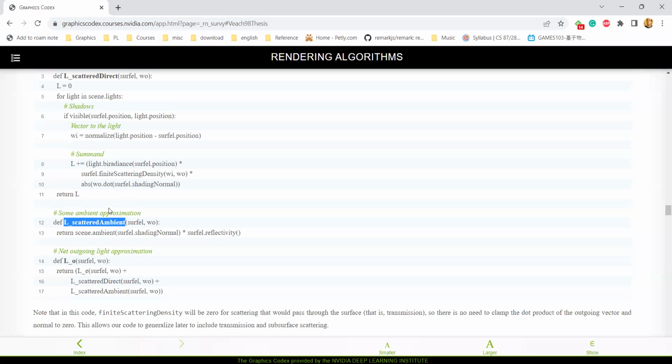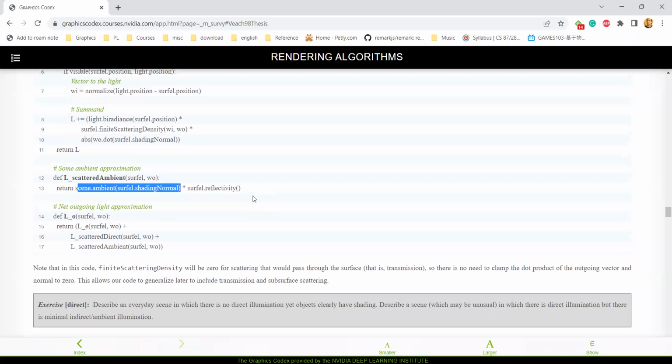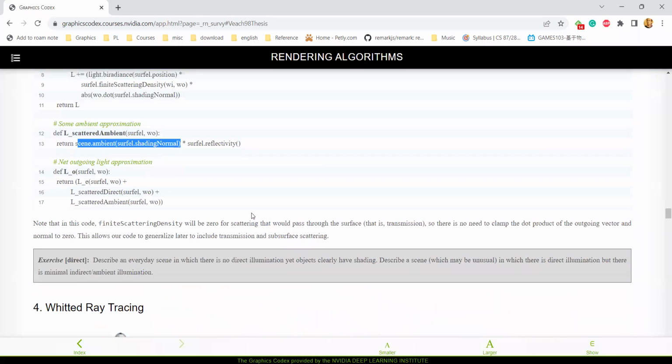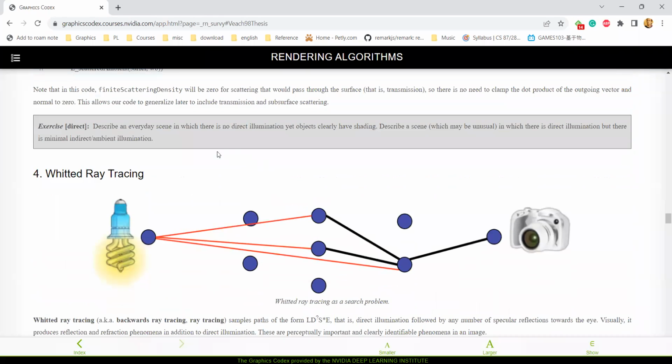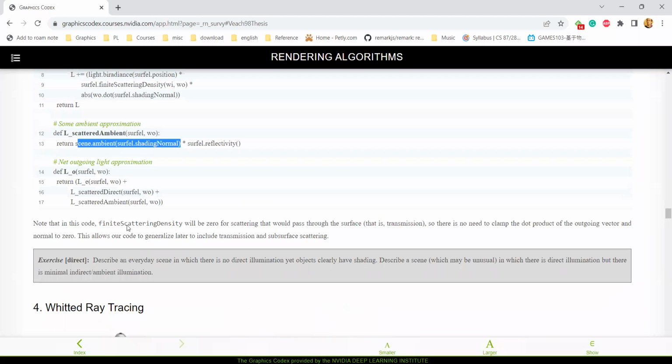And some ambient approximation we just add to it. Note that in this code, the finite scattering density will be 0 for scattering that would pass through the surface.